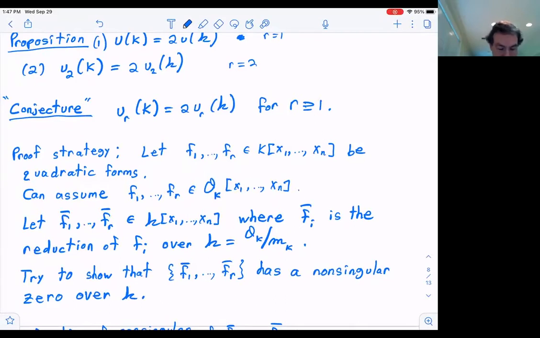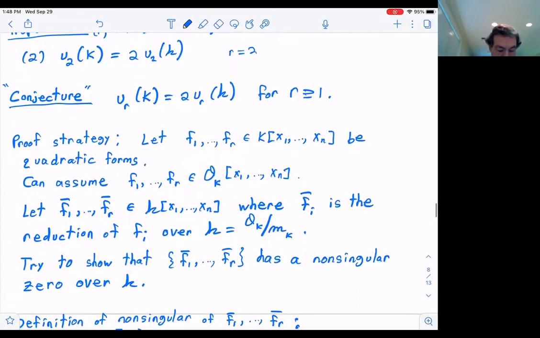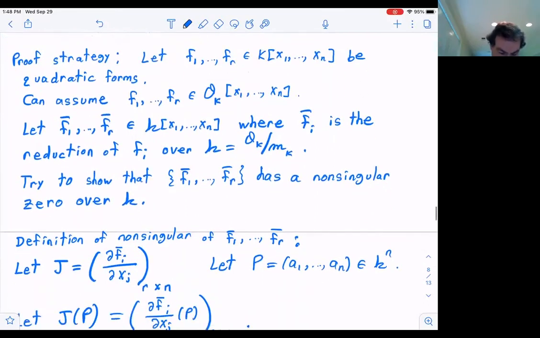So f1 bar through fr bar denotes the reduction of f sub i over the residue field. In other words, you're looking at it mod M sub K, mod the ideal M sub K. The proof strategy is to try to show that f1 bar through fr bar, that this system has a non-singular 0 over K. So let me define that.